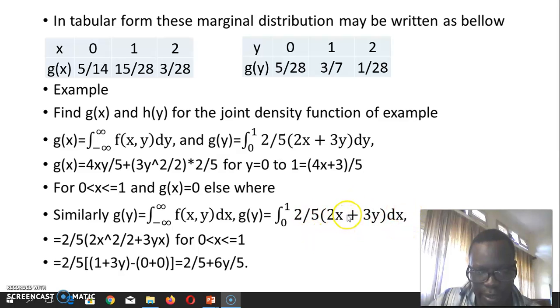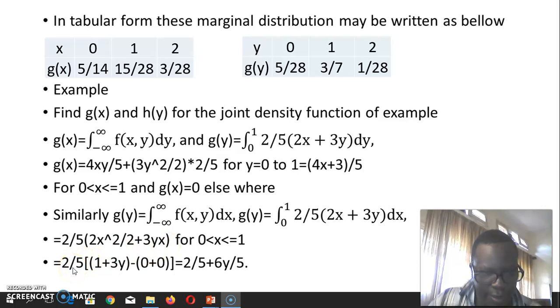This time we are integrating with respect to x. Hence, when we substitute for x equals 0 to x equals 1, we shall get 2 out of 5 into 2x squared over 2 plus 3yx.